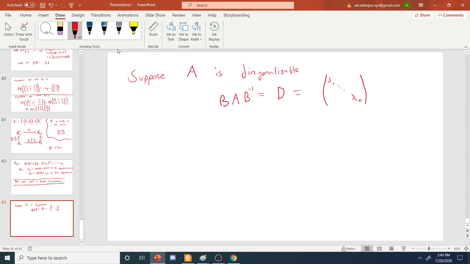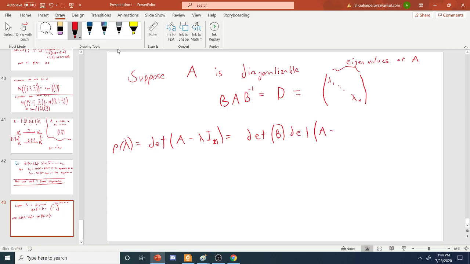And we know that if it's diagonalizable, then these are the eigenvalues of A. So let's consider the characteristic polynomial, p of lambda. This is defined to be the determinant of A minus lambda I n. But this is the same thing as the determinant of B times the determinant of A minus lambda I n times the determinant of B inverse. Basically, I'm using the fact that this times this is 1.